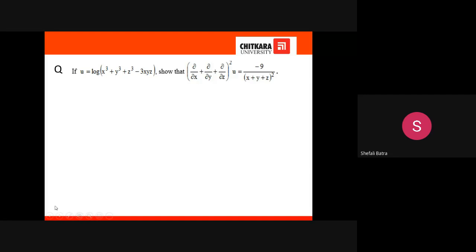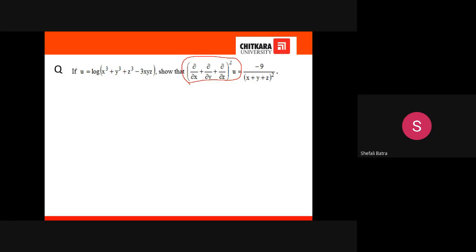If u is equal to log of x cube plus y cube plus z cube minus 3xyz, then show that (∂/∂x + ∂/∂y + ∂/∂z) squared of u should be equal to minus 9 upon (x plus y plus z) whole square, right? So you need to evaluate this.